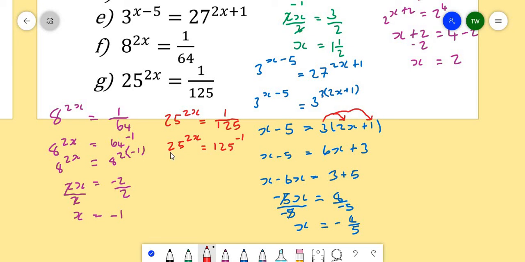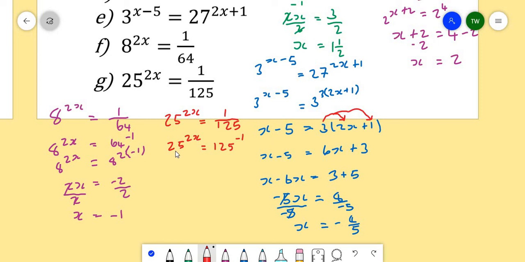Now here we have 25 as the base. Now the question could be, can you rewrite 125 with a base of 25? The answer is no. So that means we have to think deeper. How can we rewrite 25 in index form?